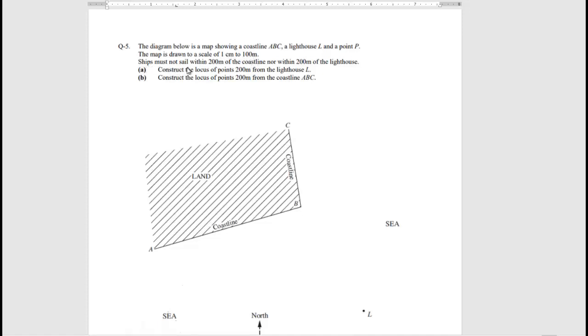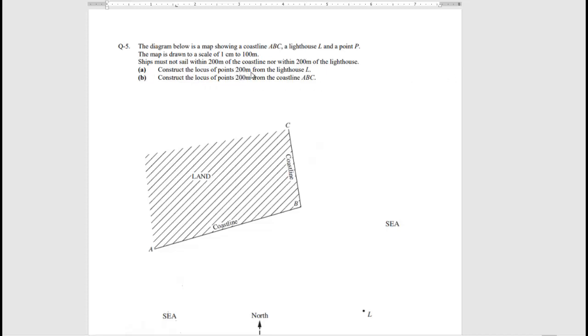Ships must not sail within 200 meter of the coastline nor within 200 meter of the lighthouse. Construct the locus of points 200 meter from the lighthouse L. Construct the locus of points 200 meter from the coastline ABC.